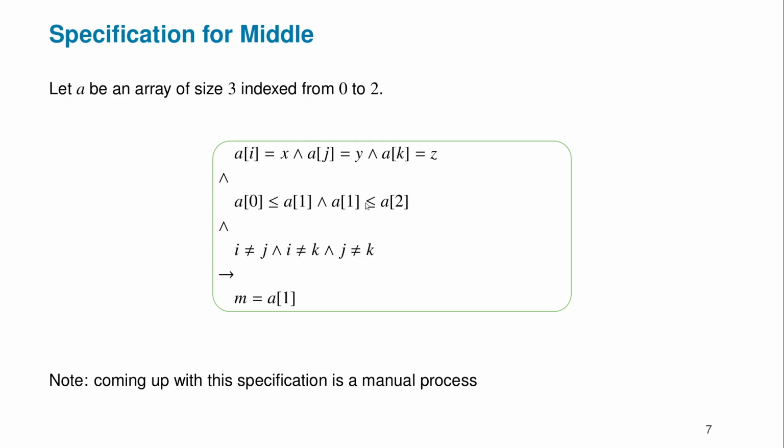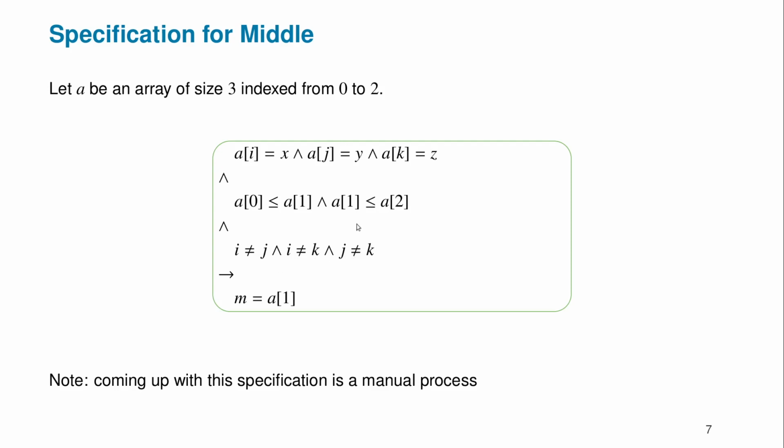Then we require that the array is sorted by saying that the value at position 0 is smaller or equal to the value at position 1, and the value at position 1 is smaller or equal than the value at position 2. And also we require that all values of the index variables are different. So i is different to j, i is different to k, and j is different to k.